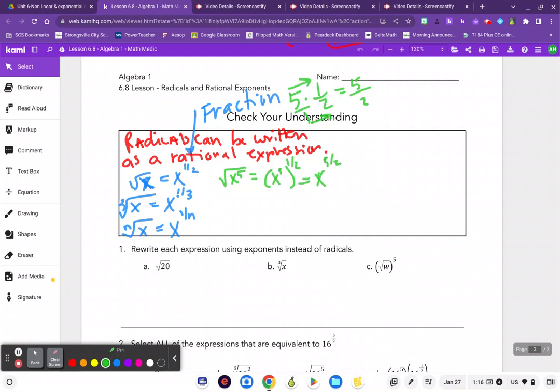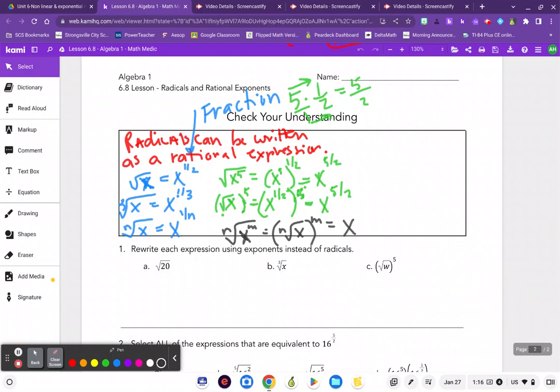What if we did another one? If I reversed this, let's say that I had square root of x in parentheses to the 5th. Again, I could write this as x to the 1/2 to the 5th. And again, if I'm raising a power to a power, I multiply those exponents and I still get x to the 5/2. So in general, we could say if I have the nth root of x to the m, that's the same as the nth root of x on the outside to the m.